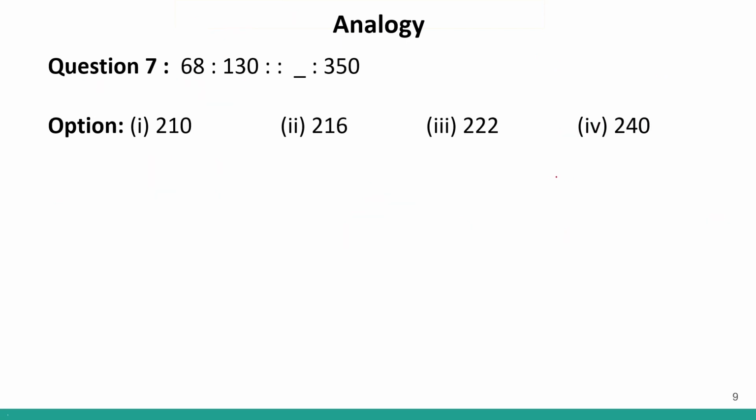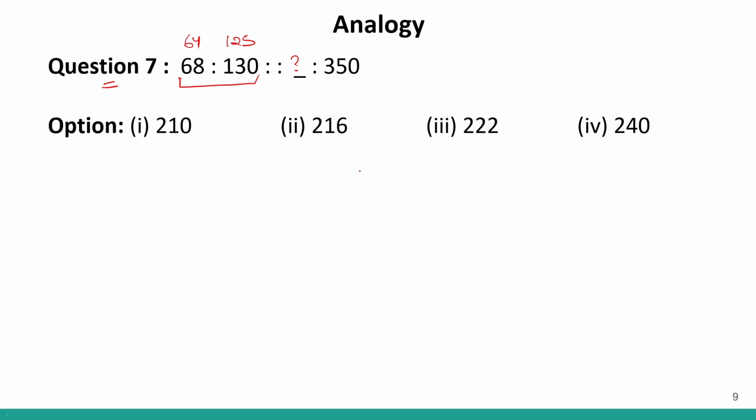Clear? Moving on to question number 7. Question number 7, we have 68, 130, missing element and 350. So let us find the relationship between 68 and 130. When I look at 68, it is very close to 64 and this is very close to 125.